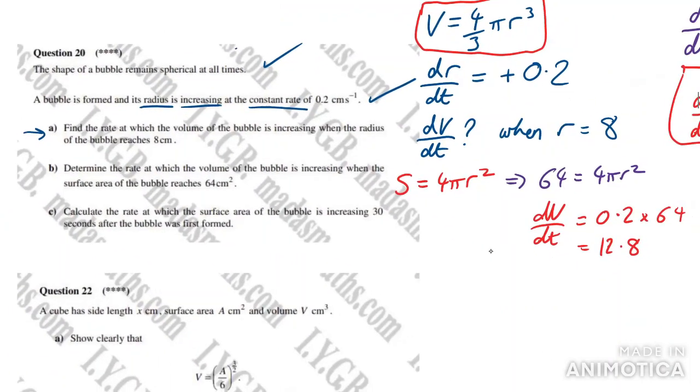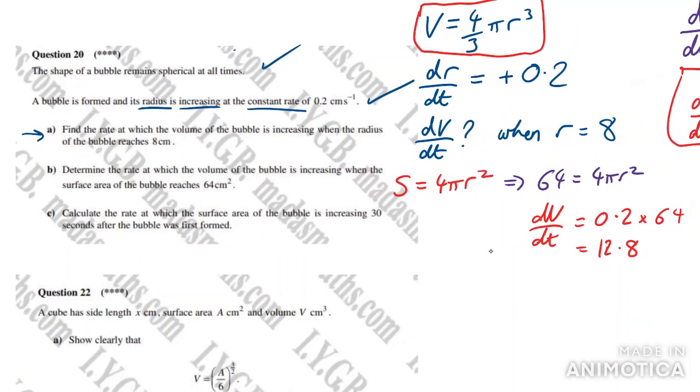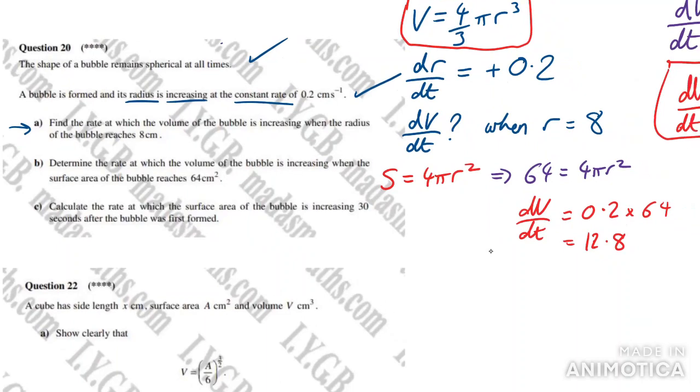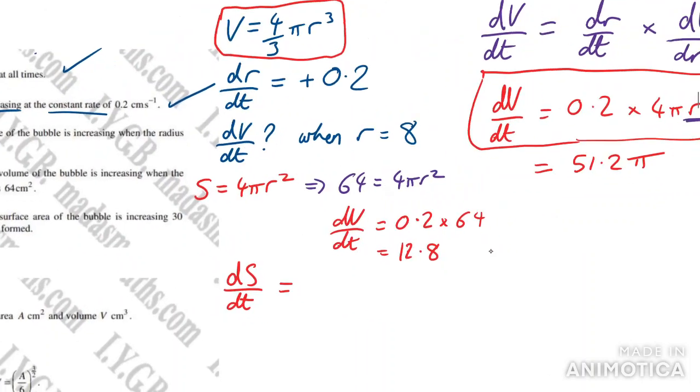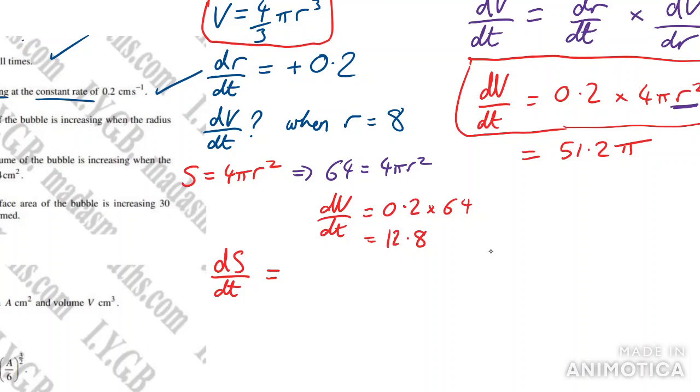Calculate the rate at which the surface area of the bubble is increasing. Okay, so dS/dt, and we know that, doing the same thing as before, we've already got dr/dt, that's a nice constant, so we can say that's dr/dt times, well, we need an S on the top, and we need to cancel that r between the two, and so we now need dS/dr.